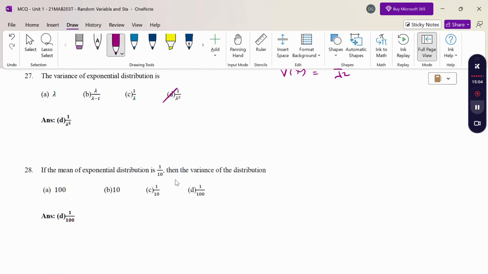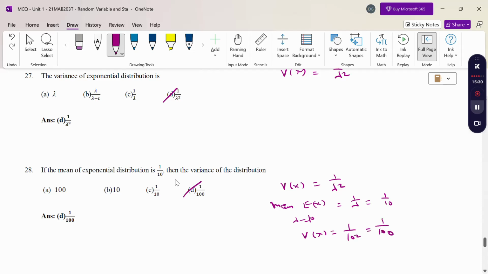If the mean of an exponential distribution is 1 by 10, then what is the variance of the distribution? The variance of X is 1 by lambda squared. The mean E(X) is 1 by lambda, given as 1 by 10, so lambda is 10. Therefore the variance of X is 1 by 10 squared, which is 1 by 100.